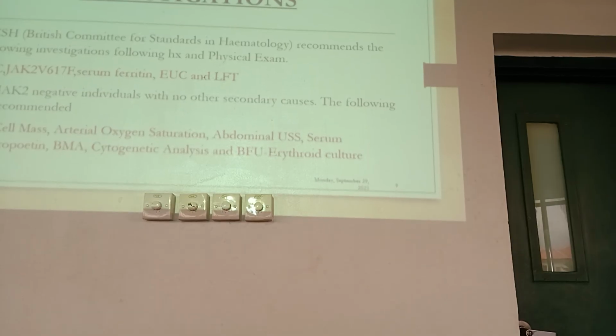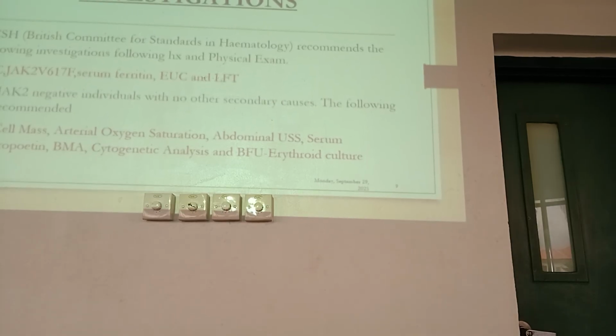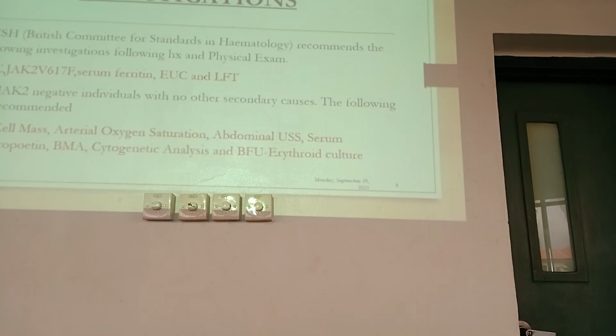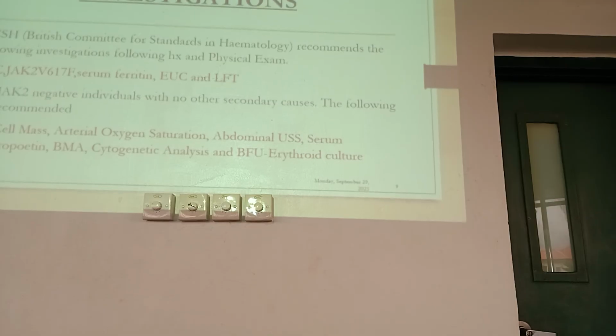Okay, but for minor, the first minor is platelet count greater than 400,000, in the absence of iron deficiency. You have proven there is no iron deficiency, because iron deficiency can stimulate secondary thrombocytosis.